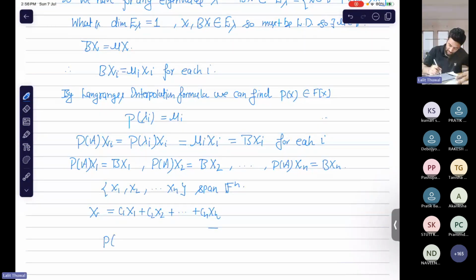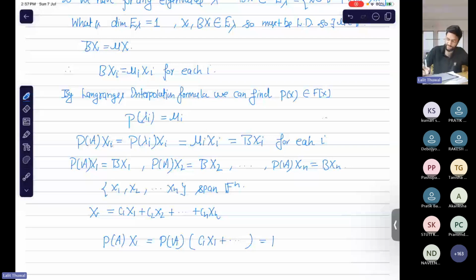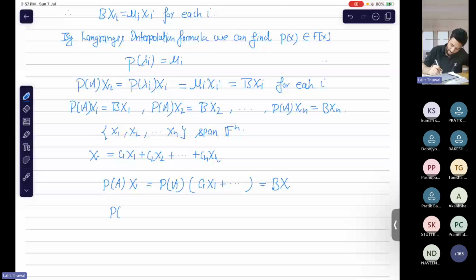Then you see that PAx is equal to PA(c1 x1 + ... + cn xn), and solve it. You will get that it comes out to be Bx. So we have (PA minus B)x equal to 0.